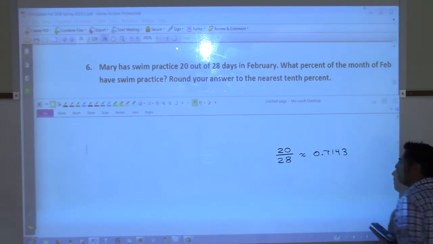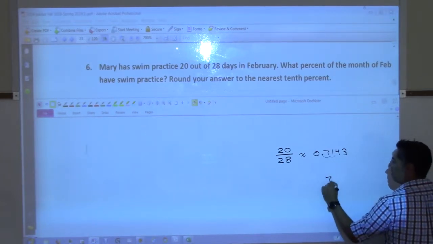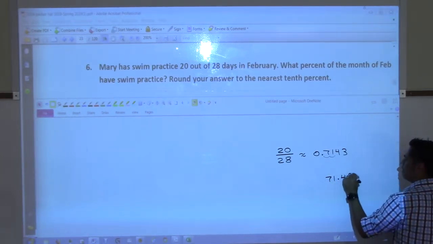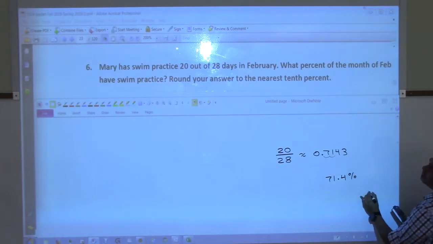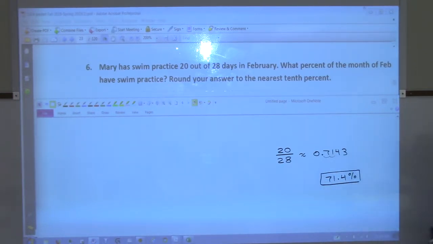And then you convert that to a percentage, so you move that over 2 places, 71.4%. I think they wanted it to the nearest tenth of a percent, so that would be the first decimal place. Did that not match what was in the back or in the solutions? Honestly, I just think I didn't convert it into a percentage. Okay. Okay. Anything else?